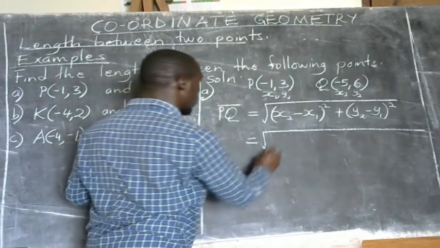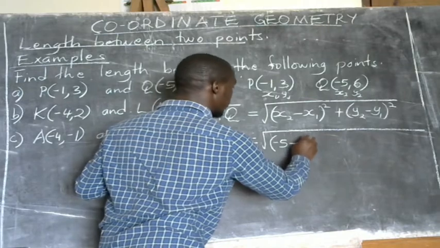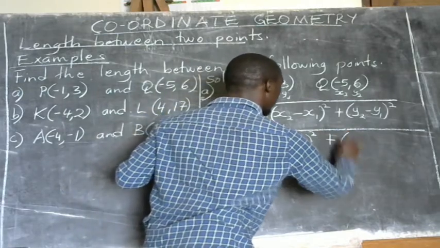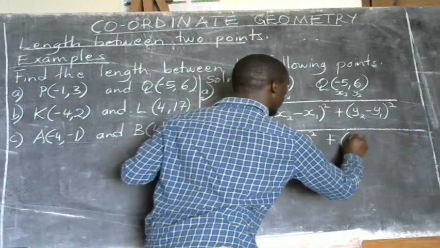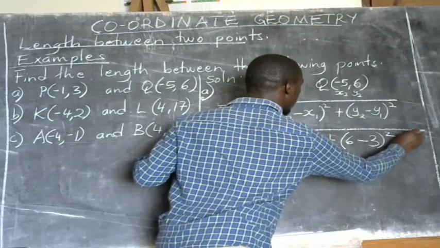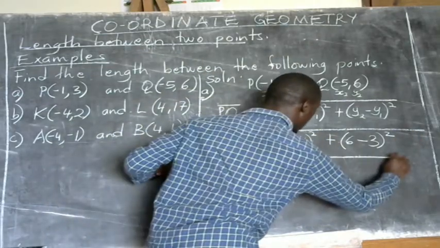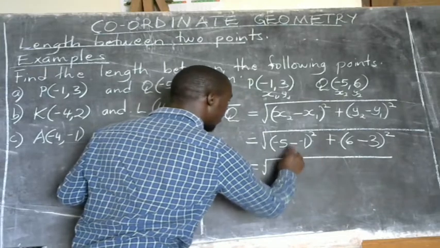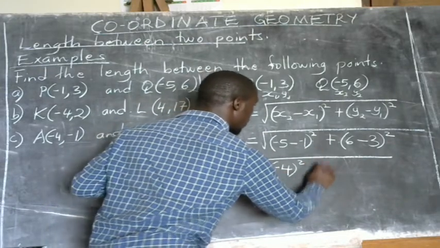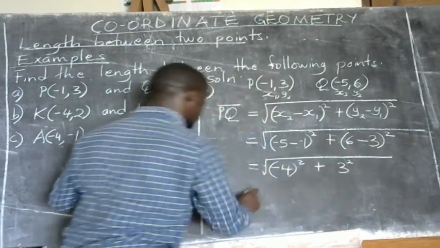So this is going to be the square root of negative 5 minus negative 1 squared, plus 6 minus 3 squared. This gives me the square root of, inside here, negative 4 squared, plus positive 3 squared.